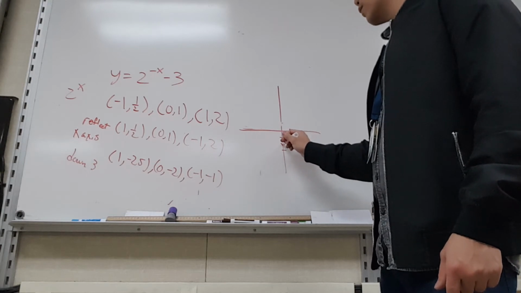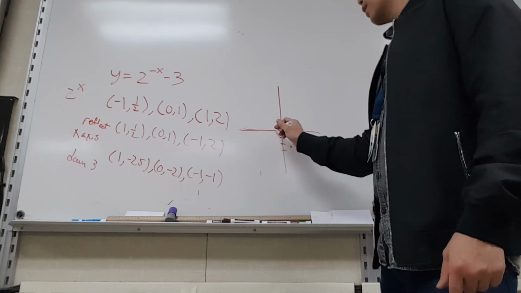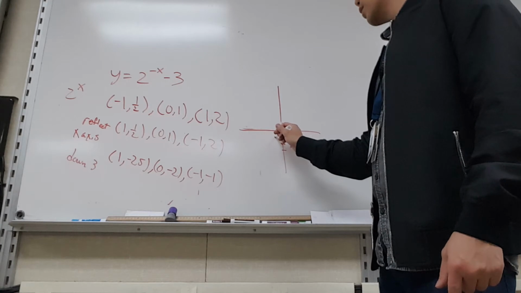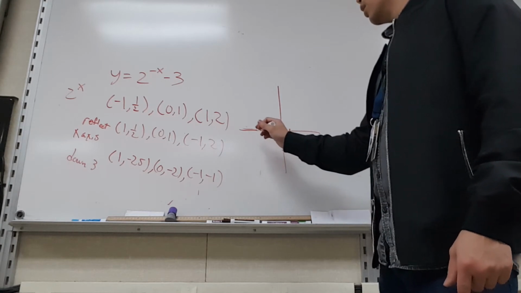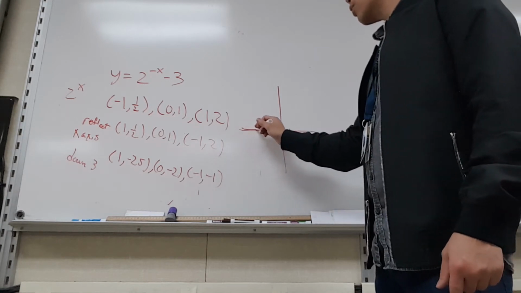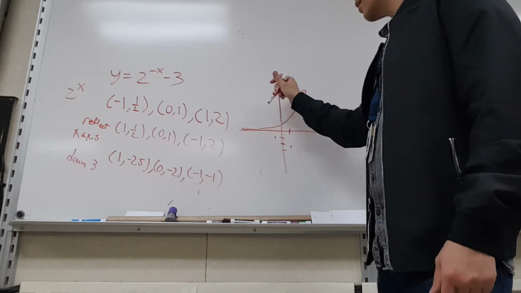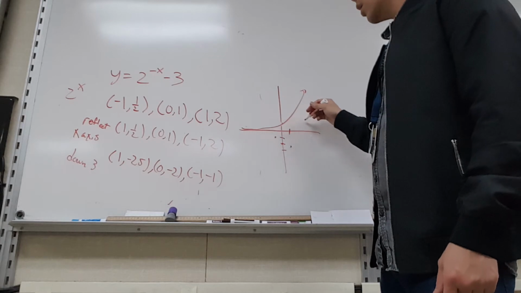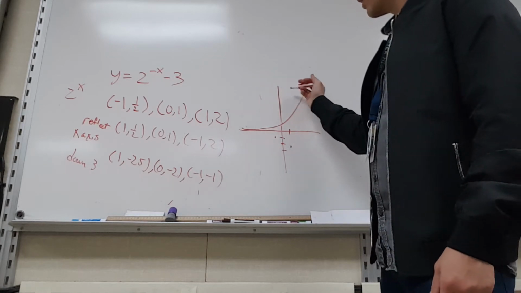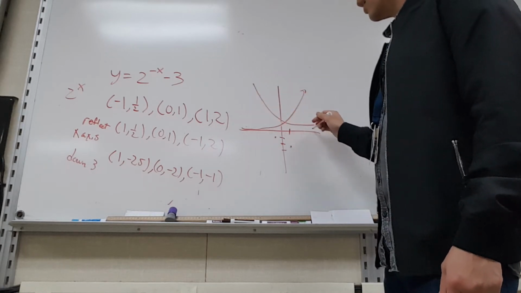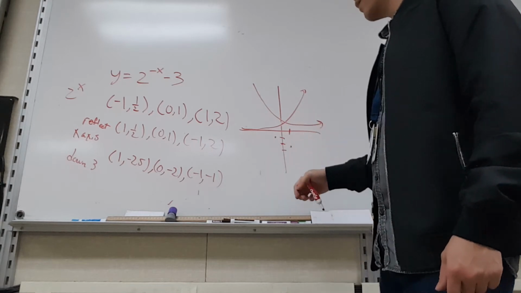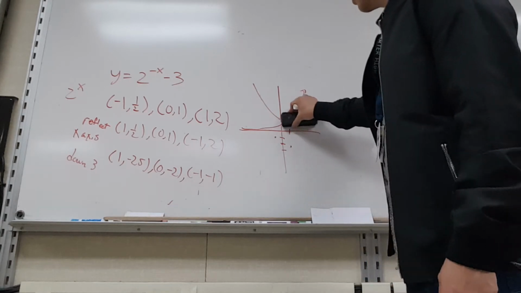At 0, you're at negative 2. And at negative 1, you're at negative 1. Okay? So if this is your original graph, it gets reflected across the x-axis. So it's going to be turned like this, and you're going to move it down 3.